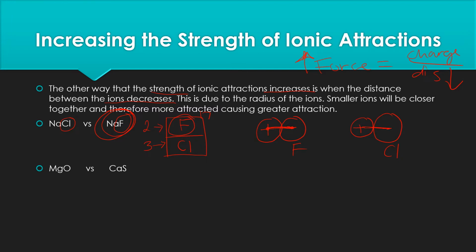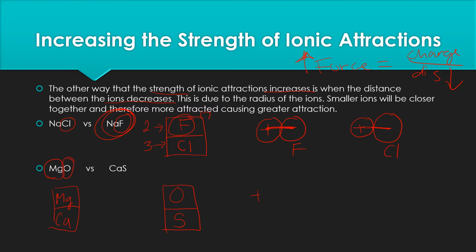Let's look at this second one, magnesium and oxygen, calcium and sulfur. So let's compare their location. So first, magnesium and calcium, they are in the same group. Magnesium is above calcium. So that would tell us that magnesium has a smaller ionic radius. And then oxygen and sulfur are both in the same group. Oxygen is above sulfur, so oxygen is going to have a smaller radius.